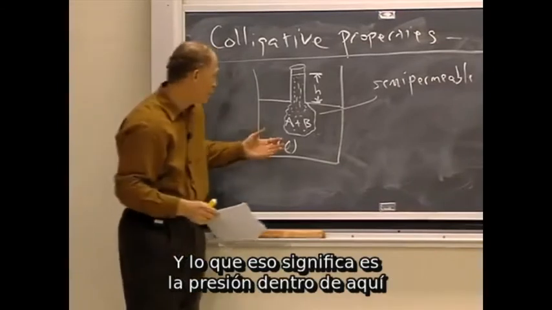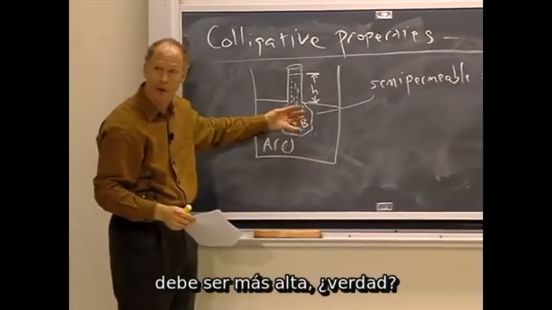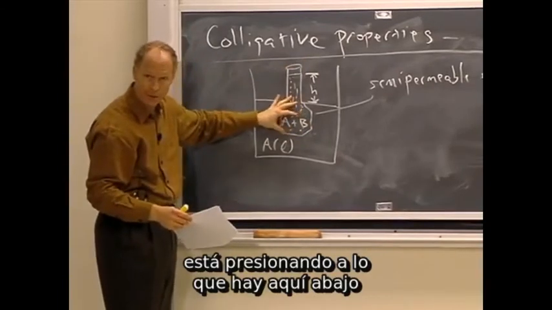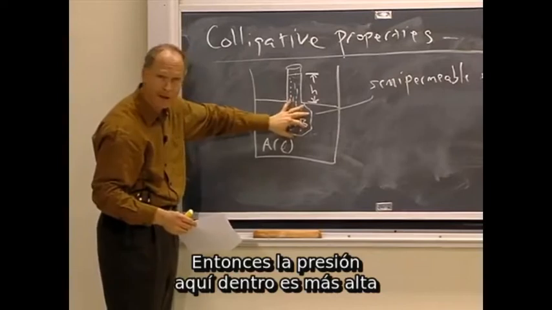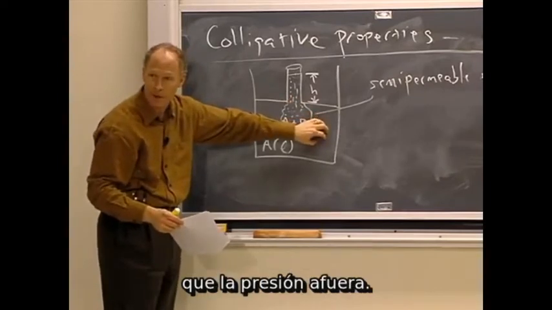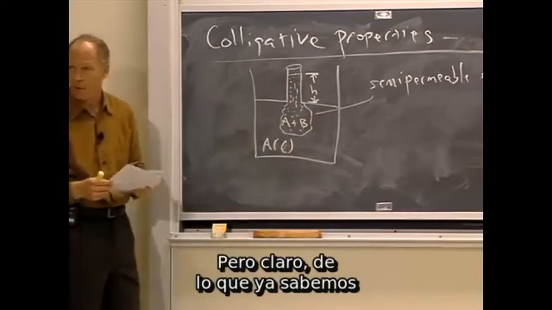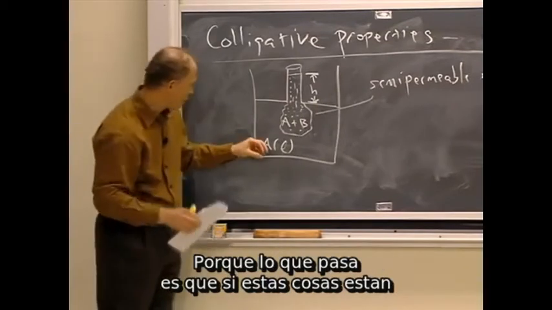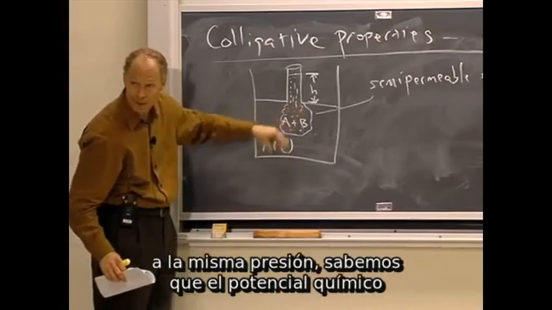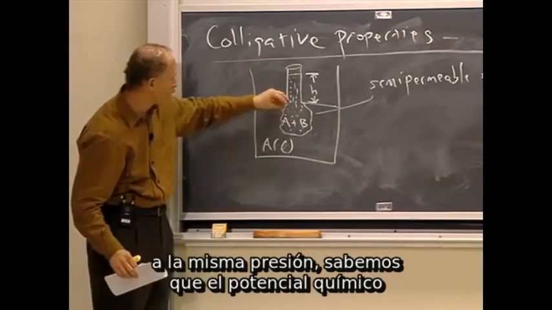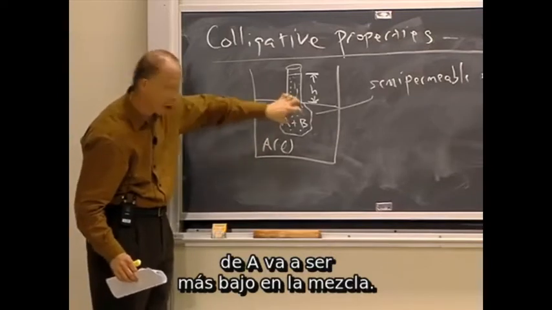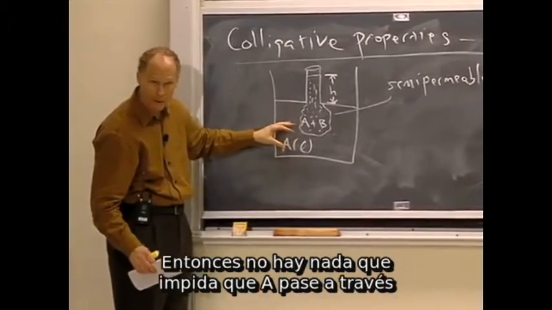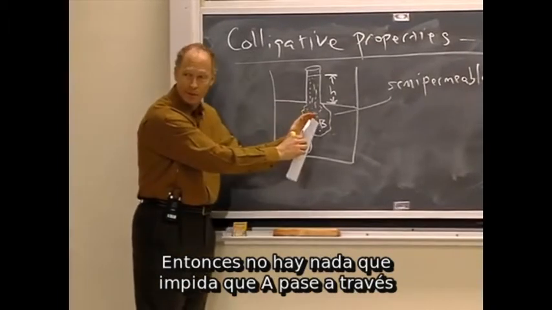Okay? And what that means is the pressure inside here must be higher, right? Of course, the weight of this liquid is pushing down on what's down here, right? So the pressure inside here is higher than the pressure outside. But from what you know already about liquid mixtures, this should in fact make sense, because if these things are at the same pressure, you know that the chemical potential of A is going to be lower in the mixture. It's always lower in the mixture than it is in pure A. So there's nothing to stop A from rushing in.